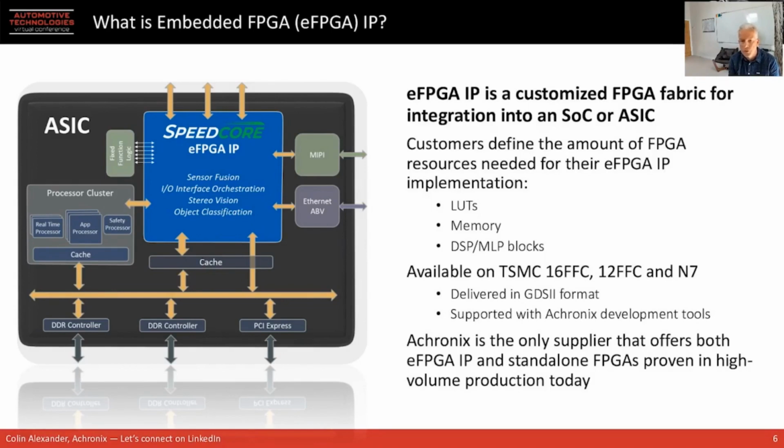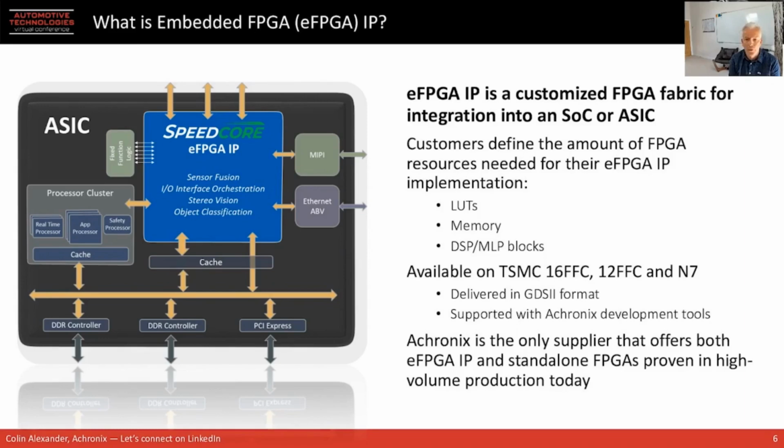It contains resources that mix the following: a user-defined amount of programmable FPGA logic or fabric, DSP and/or machine learning processor blocks, which provide dedicated high-performance mathematical operations and support various different floating point, block floating point, and integer number formats. And a fabric interconnect structure.